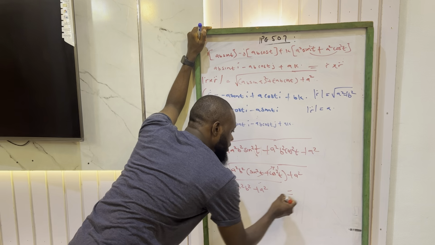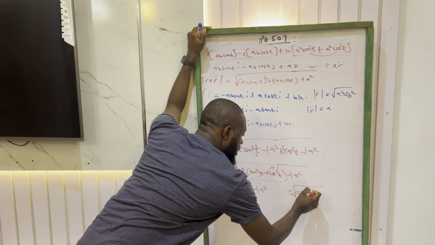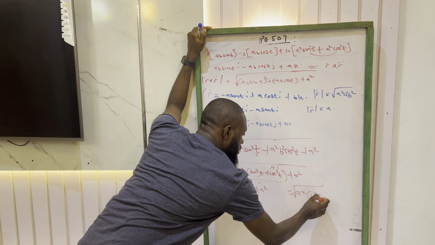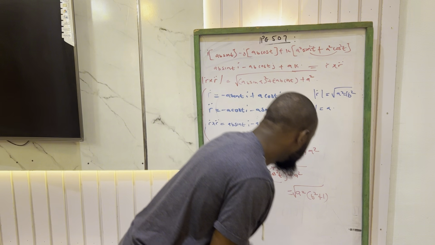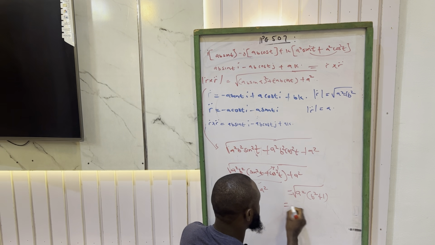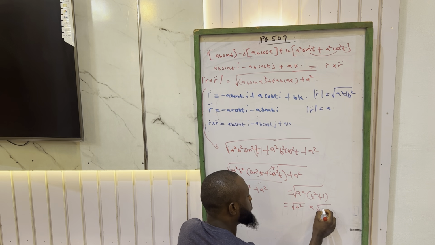We can also factorize a squared out. So we have a squared open bracket b squared plus 1. Now being a squared, we can have it as times square root of b squared plus 1.